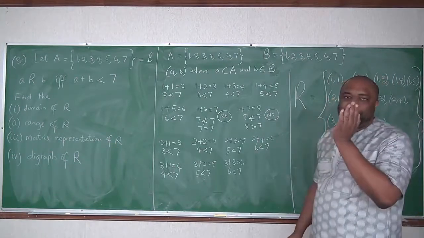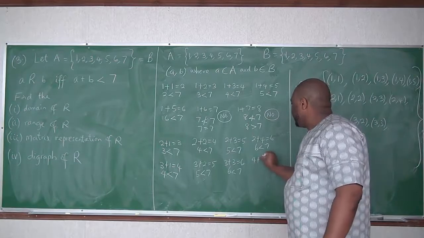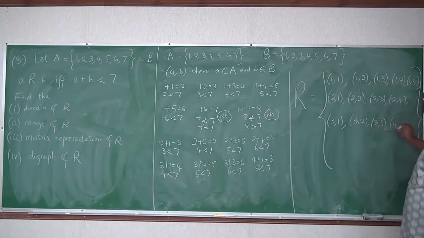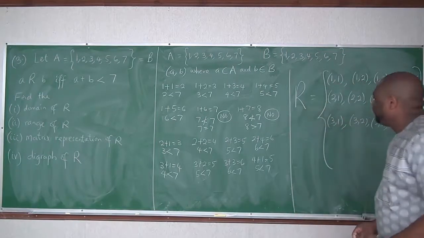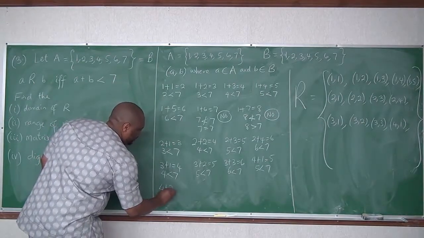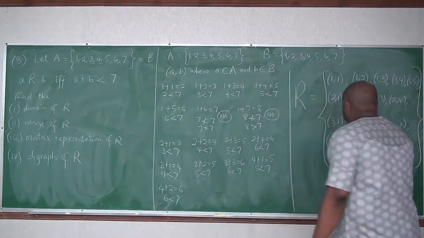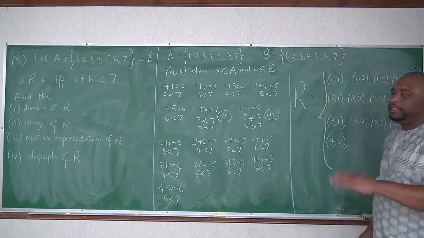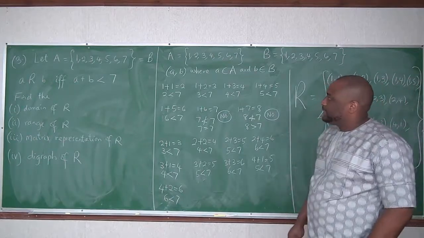Then we now get 4 from A and 1 from B. 4 plus 1 is 5. 5 is less than 7. So 4 and 1 would work. Right? Then we get 4 from A and 2 from B. 4 plus 2 is 6. 6 is less than 7. So 4 and 2 would work. 4 plus 3 is 7. No, we forget that, because 7 is not less than 7.